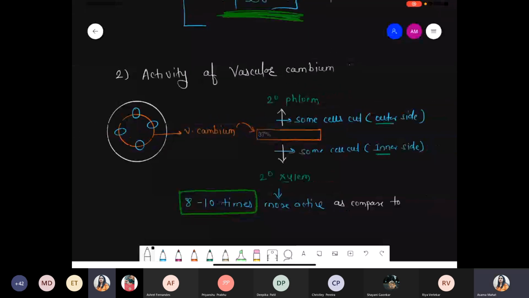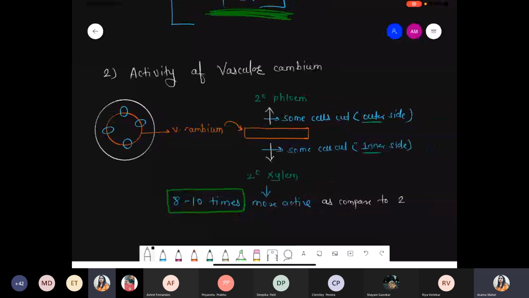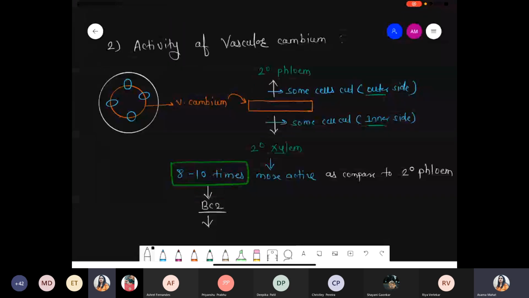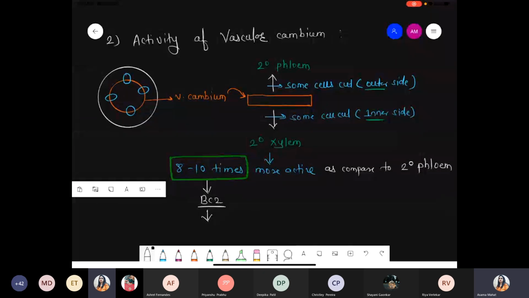And why is this condition present? Because, I'm just writing, you know very well secondary xylem forms the wood structure, and ultimately it provides mechanical support to the plant.